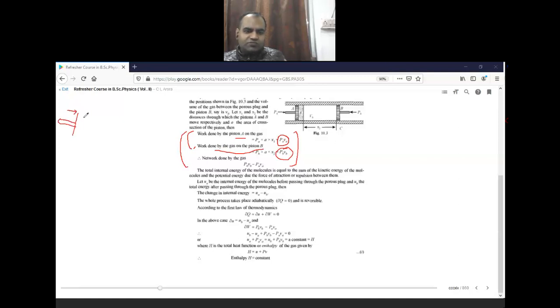Let me try to explain quickly. This is the piston, you have put the piston, and suppose this is the gas.